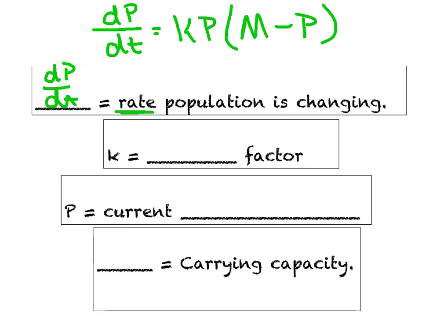k is not super exciting. It just represents what we like to call our growth factor. It's a constant. It's usually a very ugly number, so several times we'll use our calculator and just store it. P represents the current population. And the letter M is the most exciting one today. I think it's the new component.